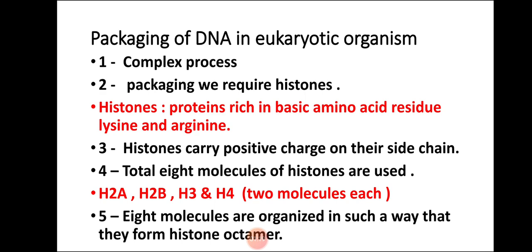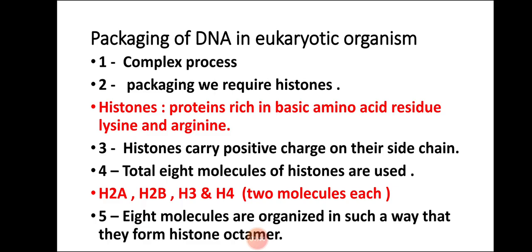Packaging of DNA in prokaryotic organisms is a very simple process. Why? Because prokaryotic organisms are not well developed. They don't have a well-developed nucleus, nucleolus and other cell organelles. Whereas when we talk about eukaryotic organisms, it becomes a very complex process.